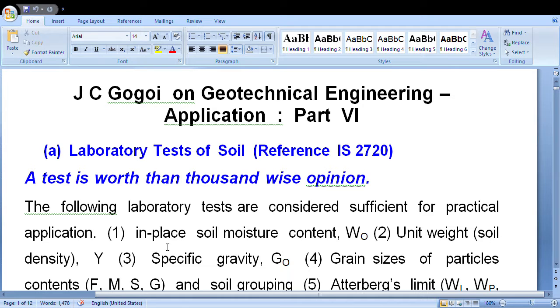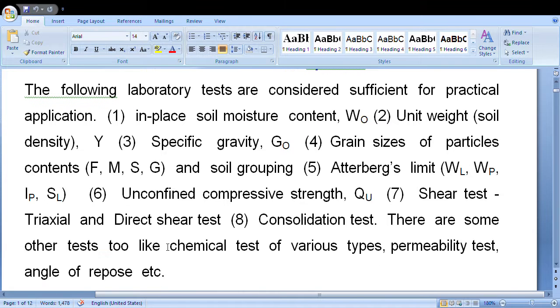These are in-place soil moisture content, unit weight or soil density, specific gravity, particle sizes like clay, silt, sand, and coarse materials, and soil classification, Atterberg limits, liquid limit, plastic index, shrinkage limit, etc.